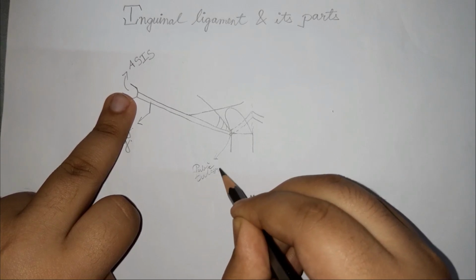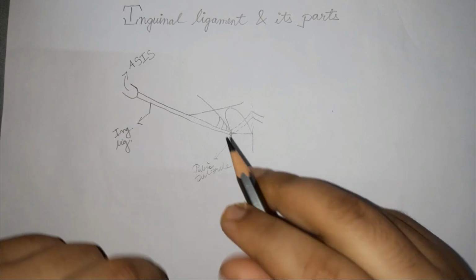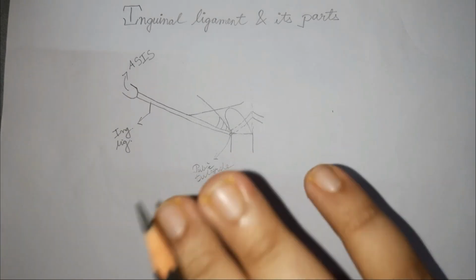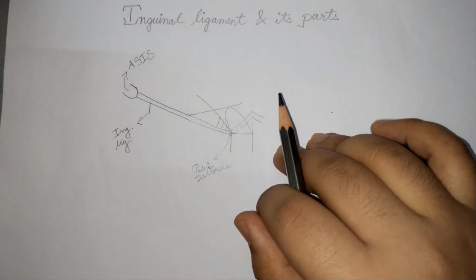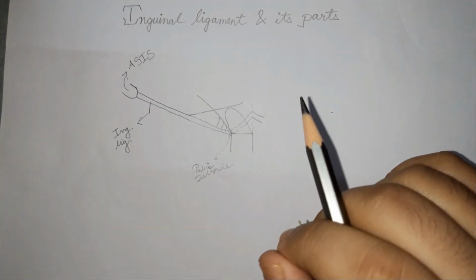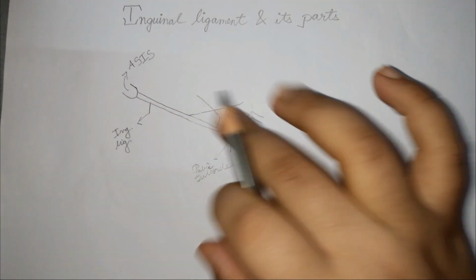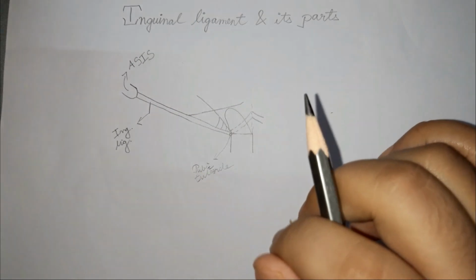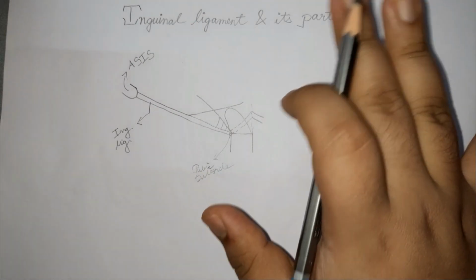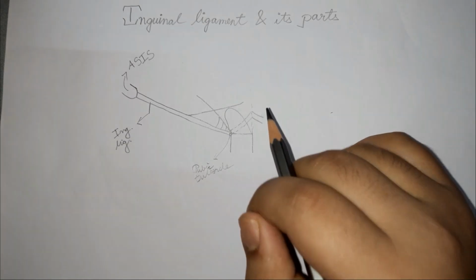Very, very important point. This pubic tubercle will serve as a point of attachment for many other associated structures of this region. So that's the attachment of the inguinal ligament. So far so good, pretty easy to understand, right?